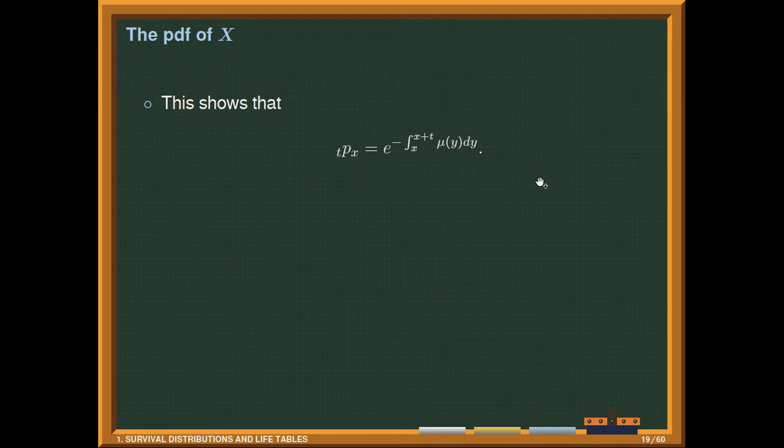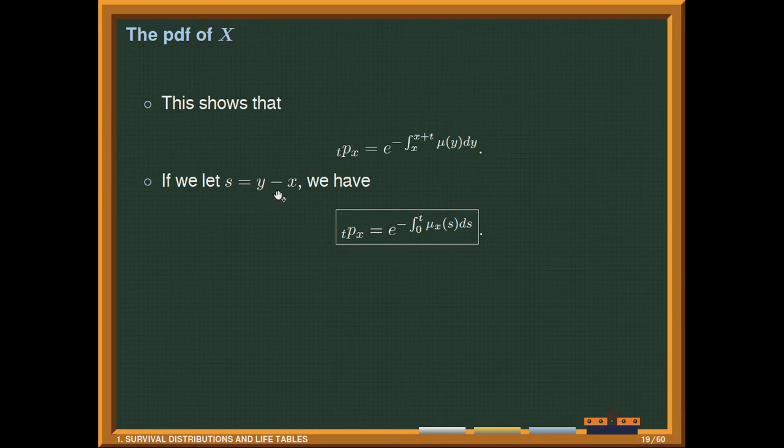And then let's make some changes in our variable. Suppose s is equal to y minus x, so y becomes x plus s. So you have mu sub x of s because of that. And then ds is equal to dy, so dy is replaced by ds.